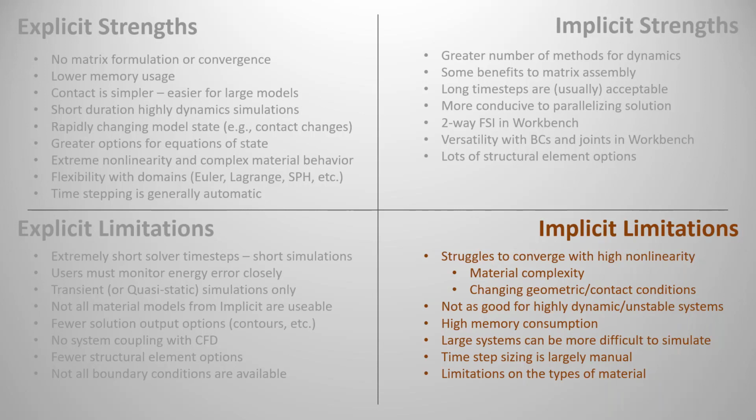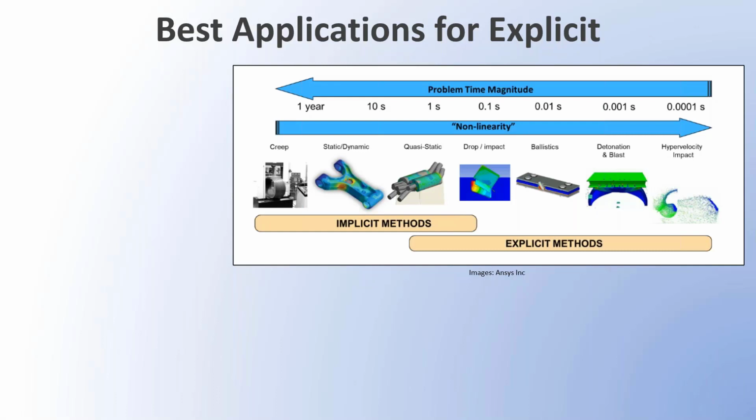That can sometimes be a real showstopper within large solutions on large systems using the implicit approach, I should say. Time step sizing has to be manual a lot of times. And then there are definitely limitations on the sort of material types in terms of equations of state, which we'll get into. Sorry, I know that was one of my wordier slides, but we're going to get through the death by PowerPoint and get into some of the interesting stuff here shortly.